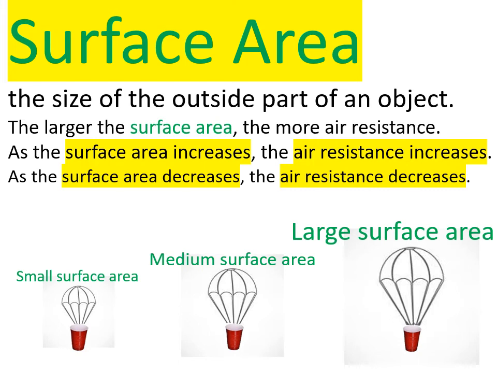What is surface area? Surface area is the size of the outside part of an object. So we concluded that the larger the surface area of an object, the more air resistance. As the surface area increases, the air resistance increases. As the surface area decreases, the air resistance decreases.